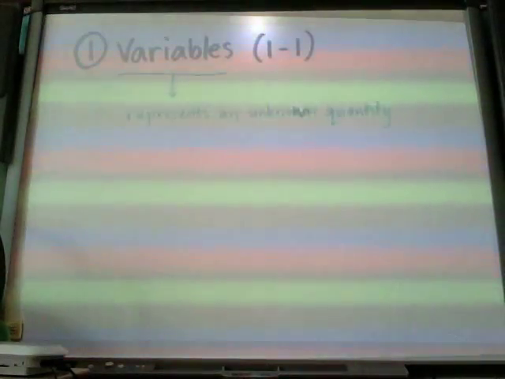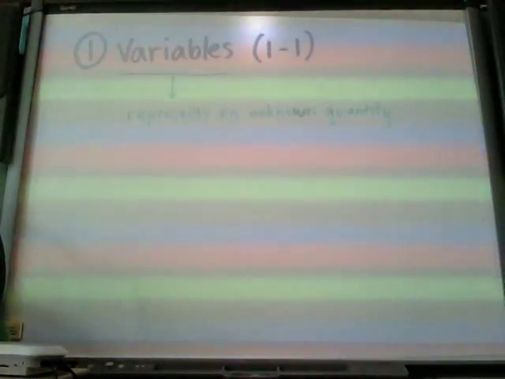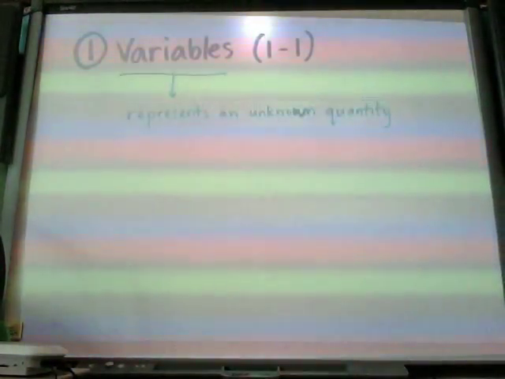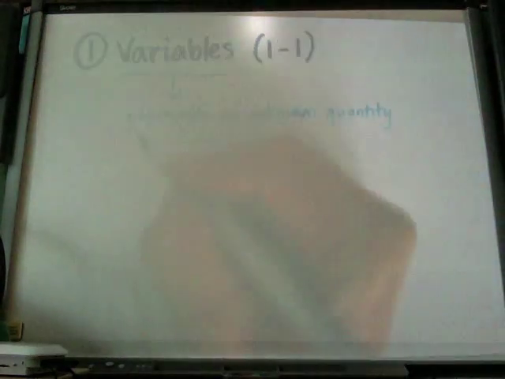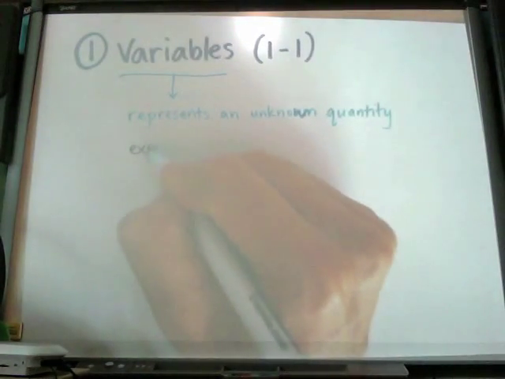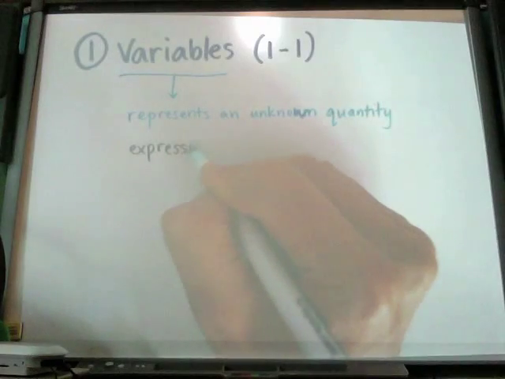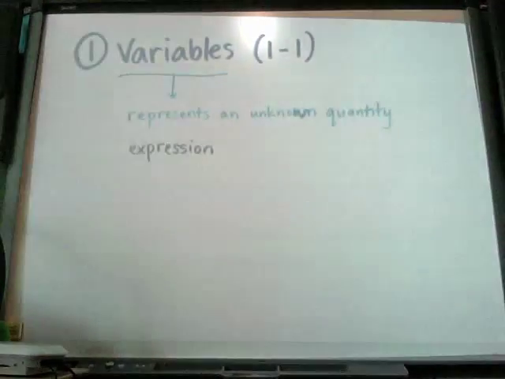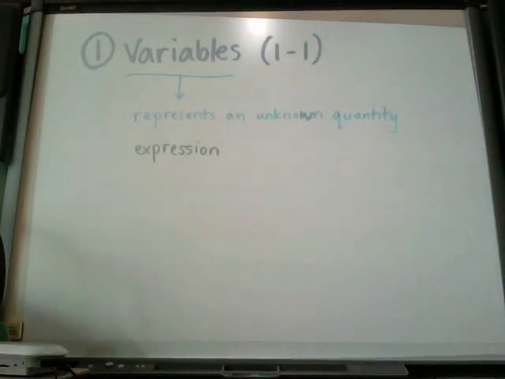So again, today we're starting out with stuff that should not be too difficult. The word expression. If I have a variable expression, an expression means that there's no equal sign.